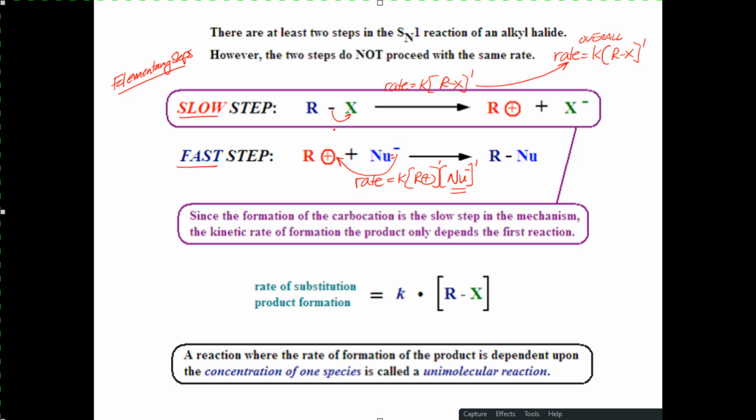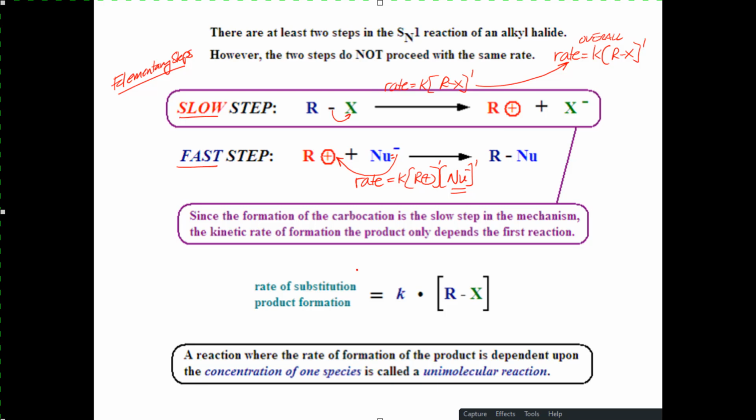Okay? So if you think about the mechanism of this reaction, think about it this way. The carbocation is slowly forming, slowly forming, slowly forming, and then once it forms, boom, the nucleophile adds in the fast step. So what's the overall rate going to depend on? How fast I form the carbocation.